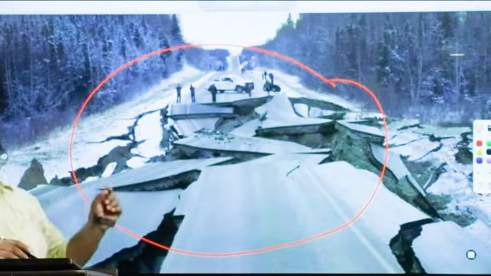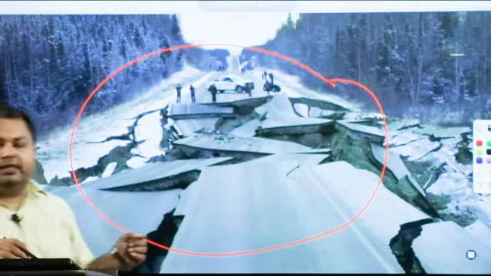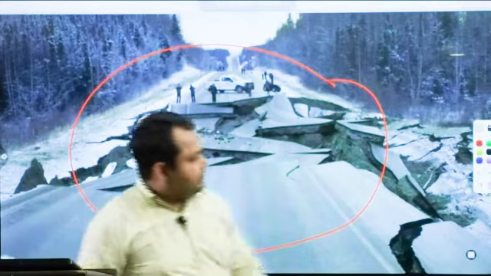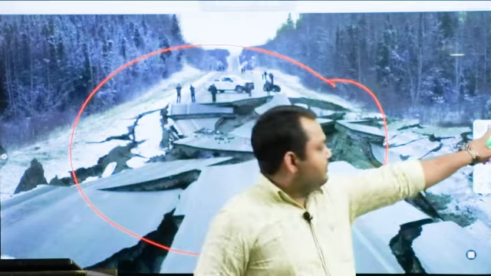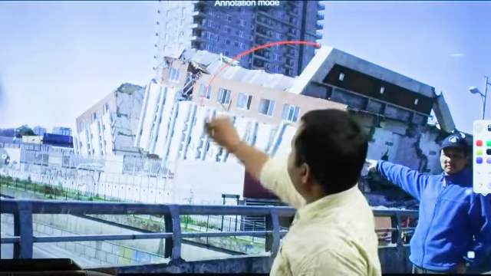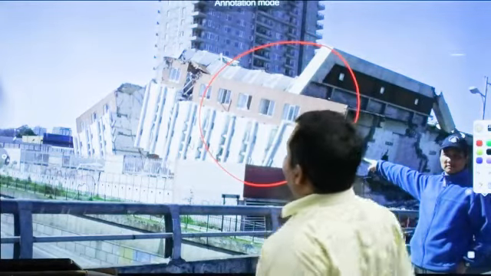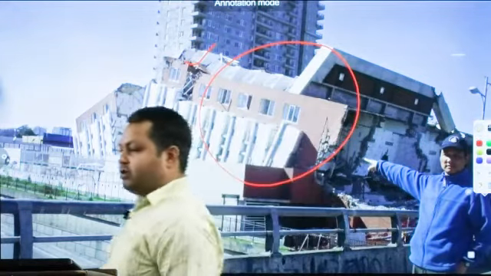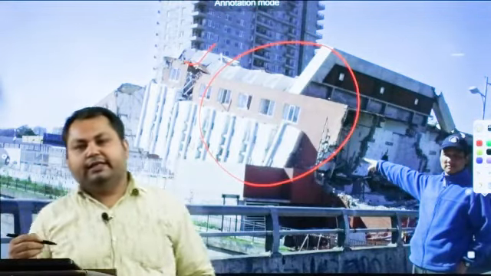The next image you can also imagine here: collapse of a large building due to earthquake, which means there takes place loss of life and property.